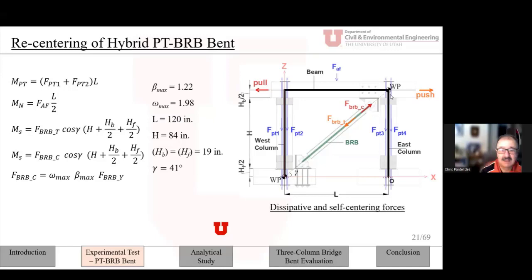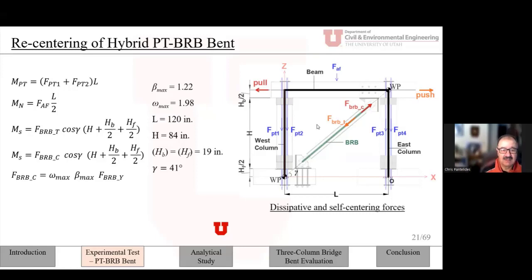So based on that, the dissipating moment, which is due to the BRB, divided by the total moment, which is everything else in the system, needs to be less than half. In our case, this ratio was roughly about 1/4, which is less than half, so we were sure that we were not overburdening the system with the energy dissipation.